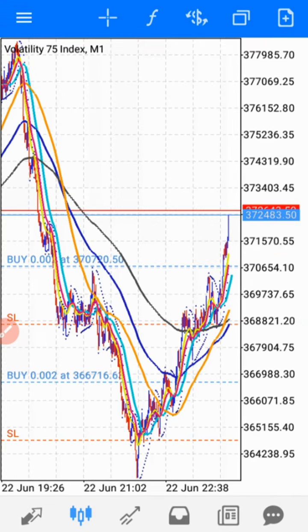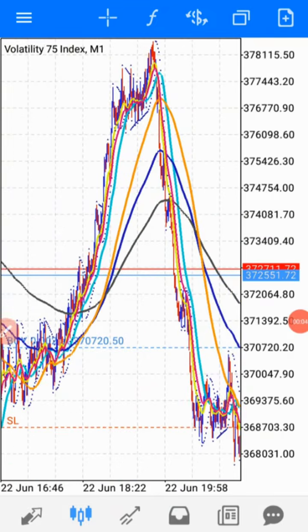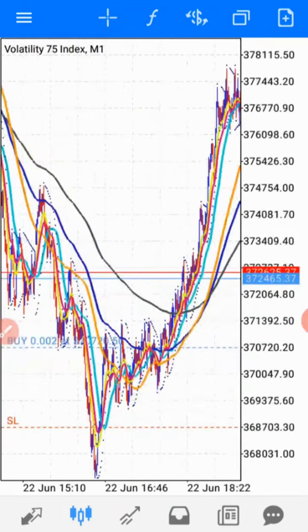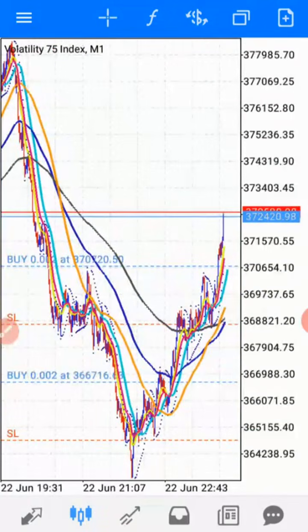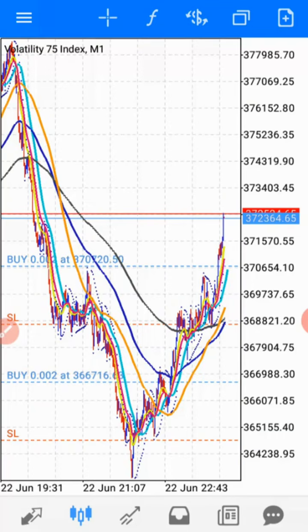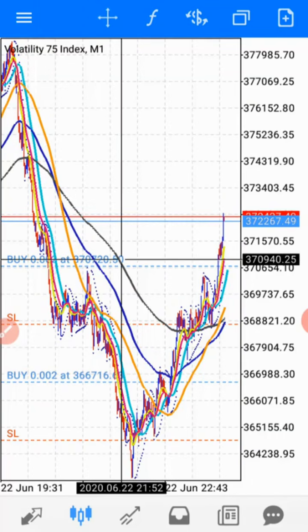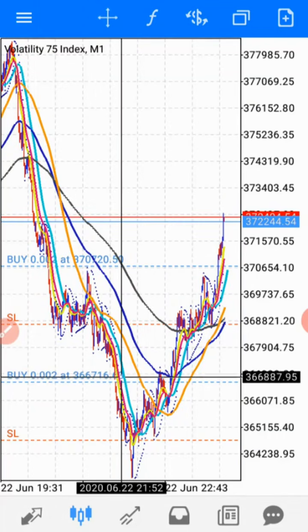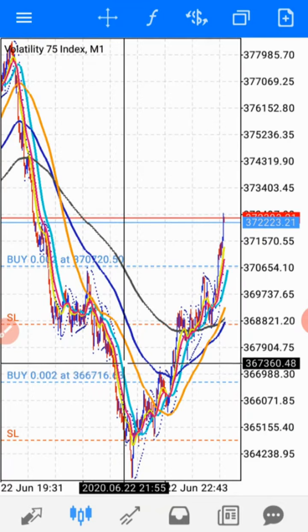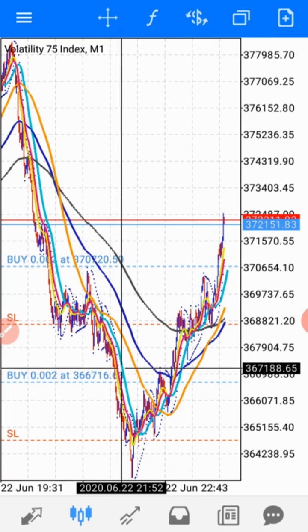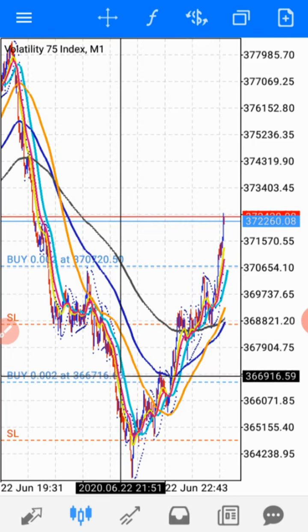Let me show you how to actually keep your money in case price is going to go against you. Once you see you are in profit, see the buy, then see my stop loss.